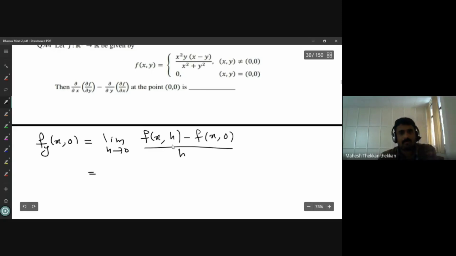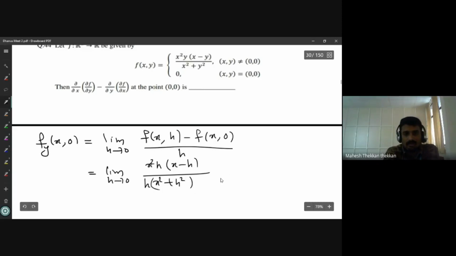So this I wanted to look at. What is f(x, h)? I have to substitute here. The y term is 0, so the second term turns out to be 0. Only the first term I need to look at. So this will be the limit as h tends to 0. f(x, h) is x squared h times (x minus h) divided by (x squared plus h squared), all divided by h. The h and h will cancel.